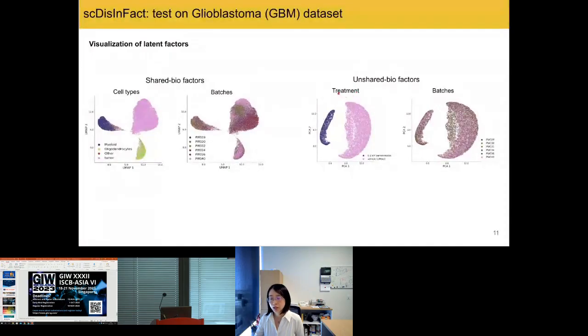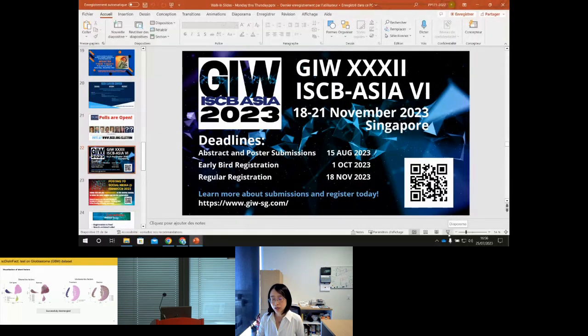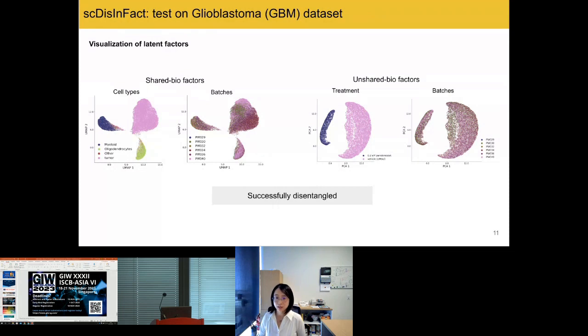And then if I color the cells by different condition labels, we can see that the cells are separated by conditions. So this ensures that the disentanglement has worked and we have learned the factors correctly. And then we can go ahead and perform other tasks.